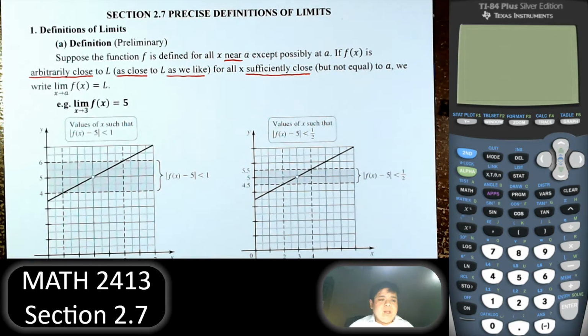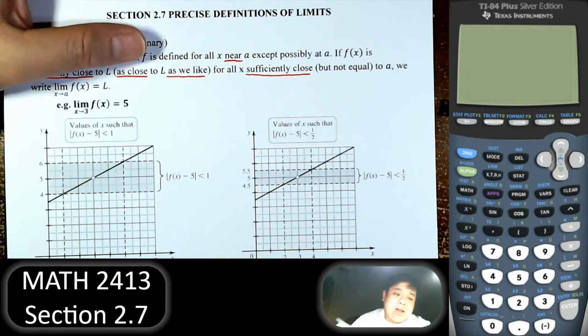Remember, way back at the beginning of algebra, we defined absolute value as the distance from a point to 0, and now we utilize absolute values to represent the distance.